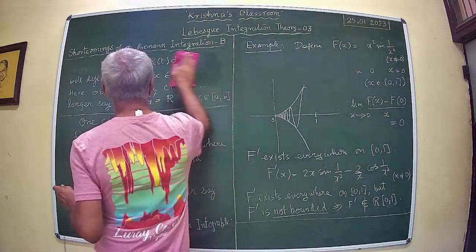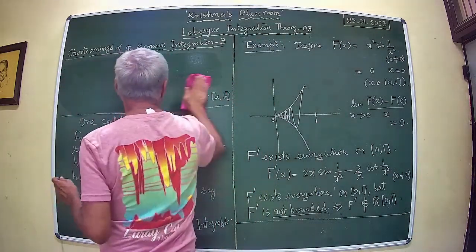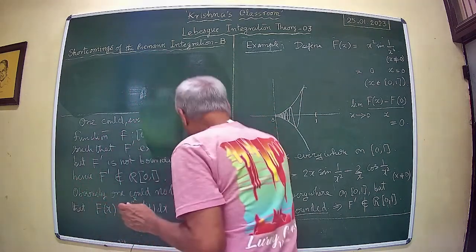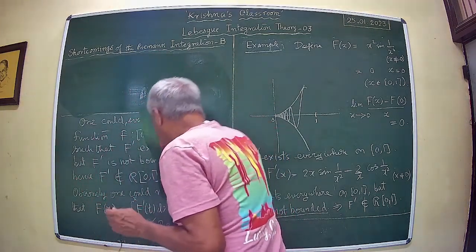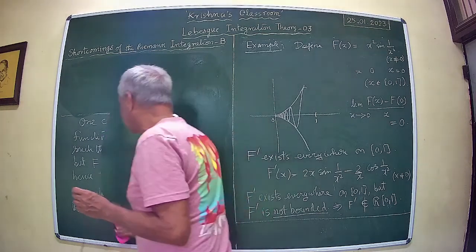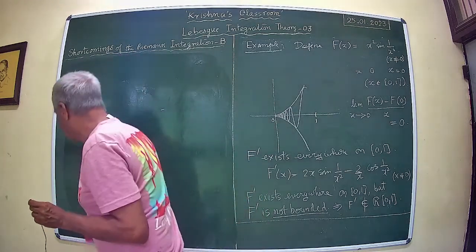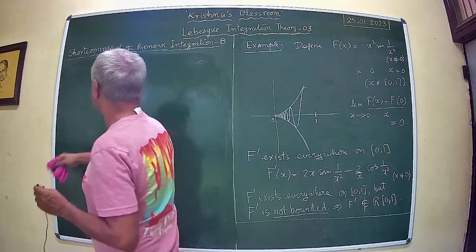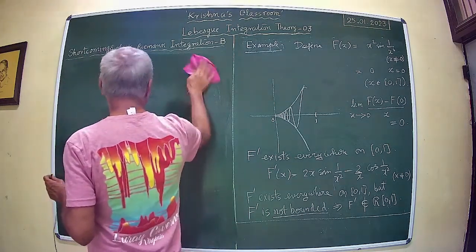Okay? Because these kinds of constructions give a lot of insight into the intricacies that exist in the relationship between continuity and differentiability. So we will take it up now.